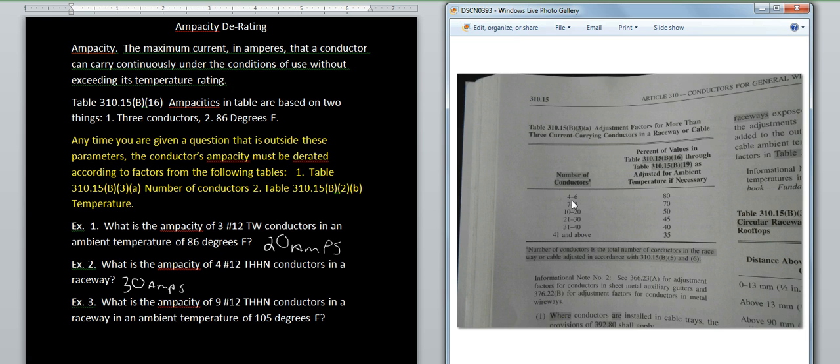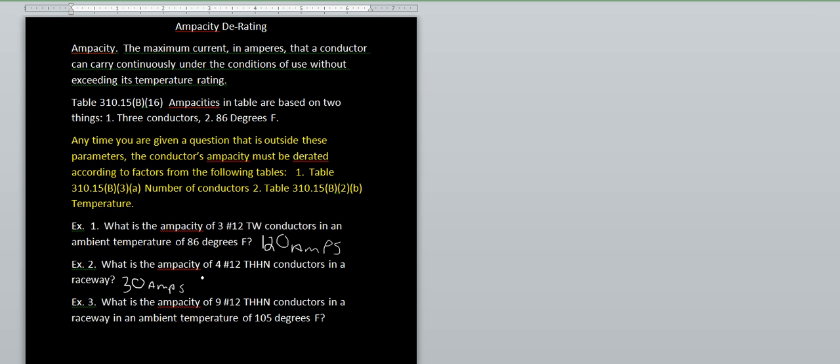So you would take 30 amps and multiply it by the percentage, which is in this case 80% or 0.8. So you'd take your calculator and multiply that by 0.8, and that gives you 24 amps.